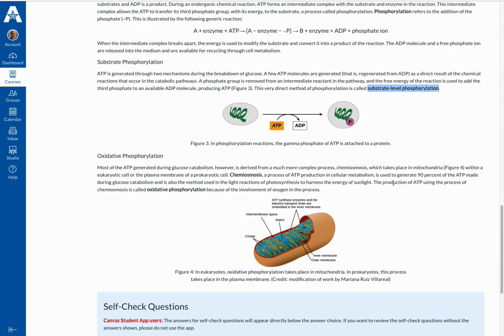But the majority of ATP production, or 90% of it anyway, comes from oxidative phosphorylation, which requires oxygen. And that would be chemiosmosis, where those hydrogen ions flow down their electrochemical gradient to generate ATP from ADP.